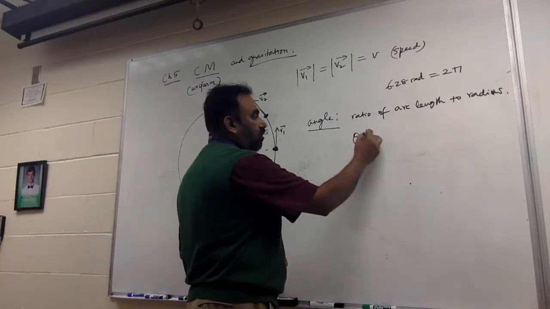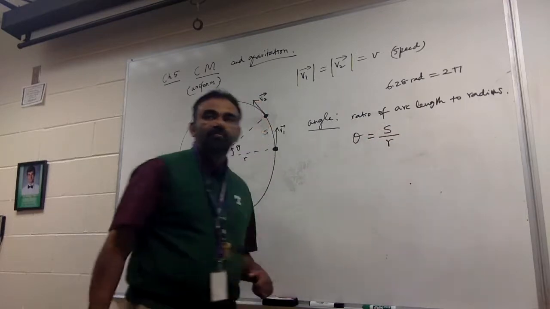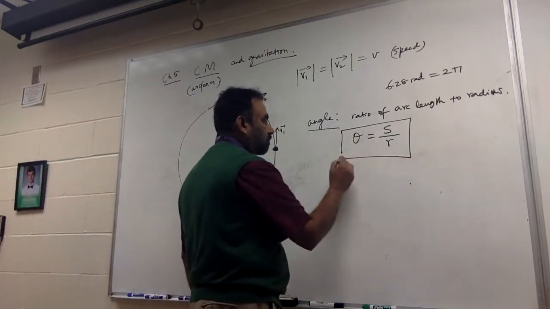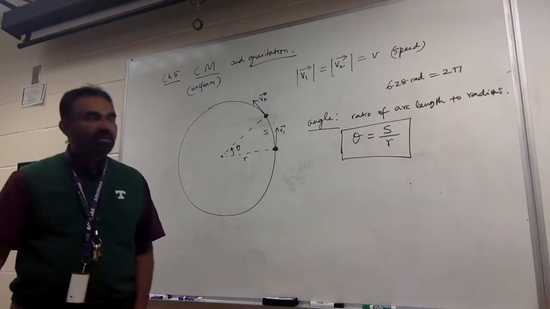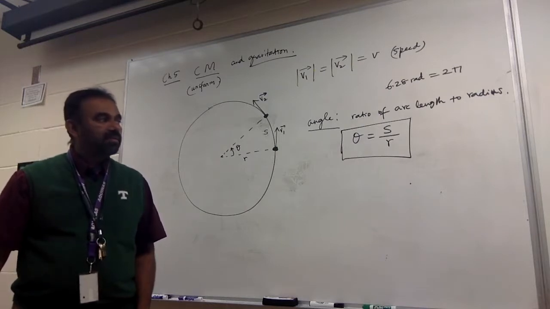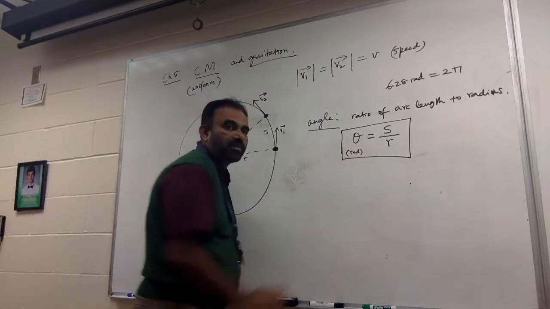So ratio of arc length S over radius R. This is the definition of angle. Angle theta is equal to S over R, and the theta will be in radians, not in degrees.